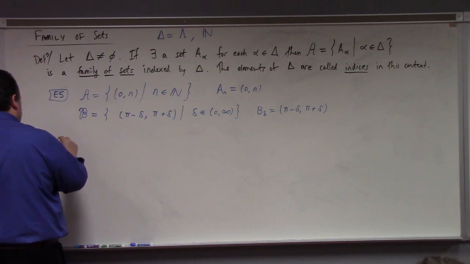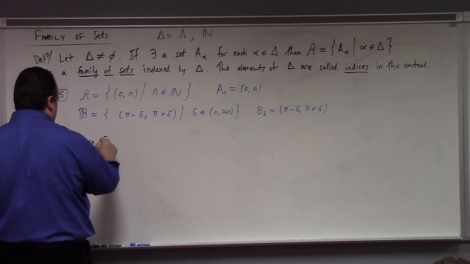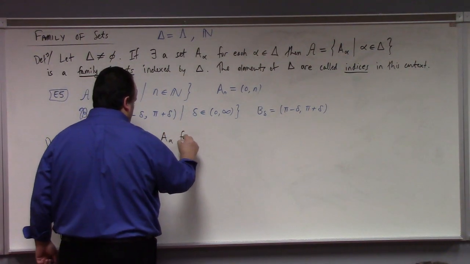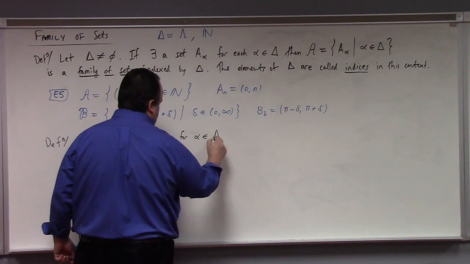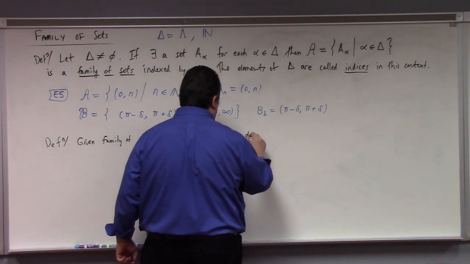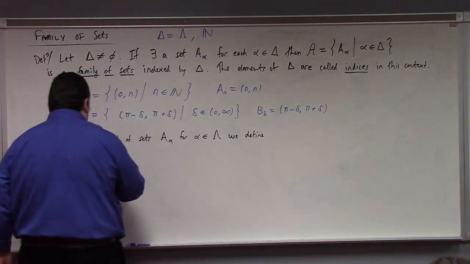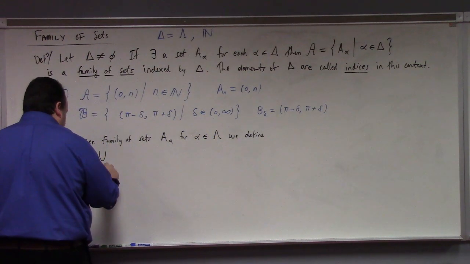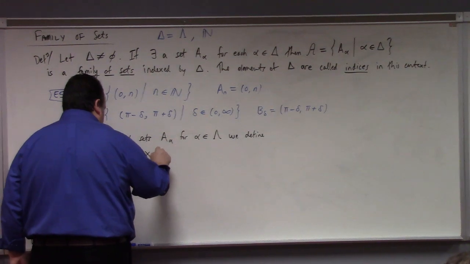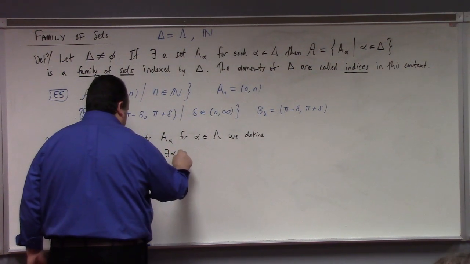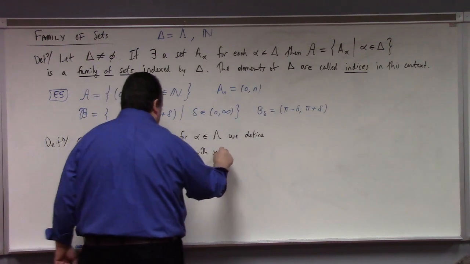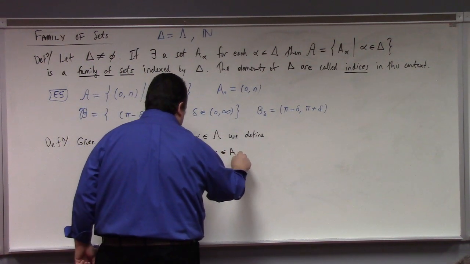Definition: given a family of sets, let's say A sub alpha for alpha in, and I'm going to use capital lambda this time because the triangle is wearing on me, we define the union over alpha in lambda of A sub alpha equal to the set of x such that there exists alpha in lambda with x an element of A sub alpha.